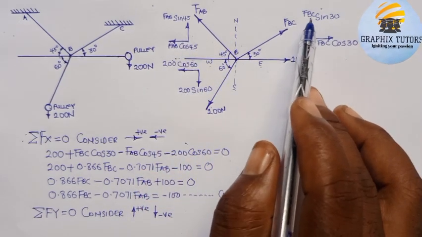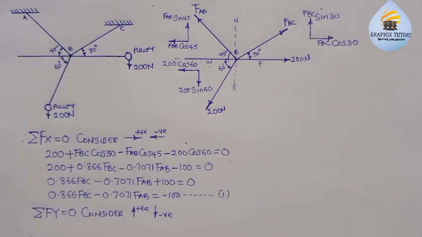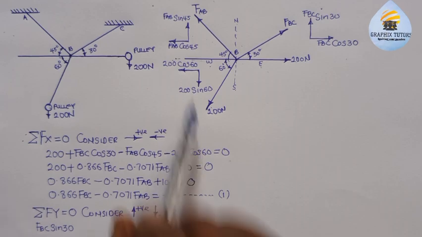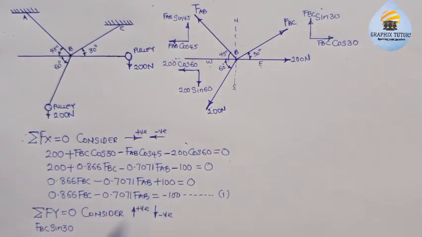This one is facing upward and it's positive. So we're going to have FBC sine 30. The next one is also facing upward, FAB sine 45, positive.